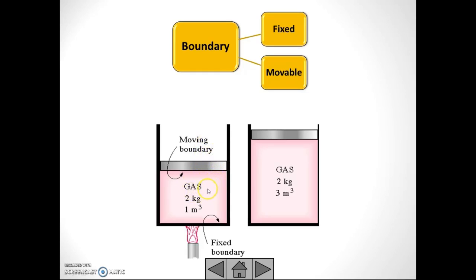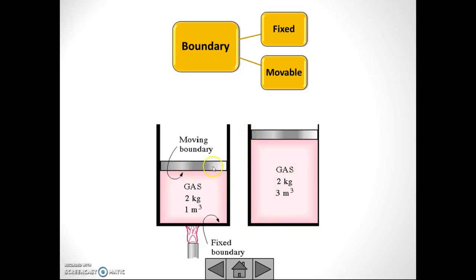So example, here we have gas for the mass of 2 kg, and the initial volume is at 1 meter cube. When we give some heat, the gas will expand. Okay, so when the gas is expand, the volume of the gas is expand. It will push the lid of the piston to the top.